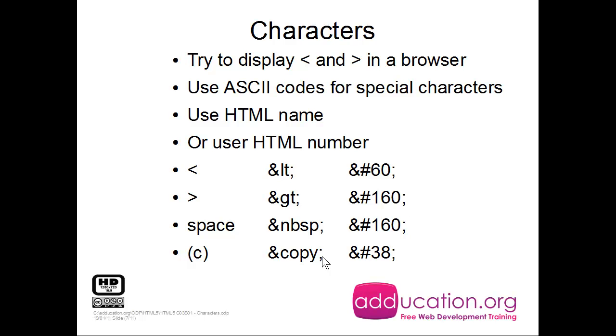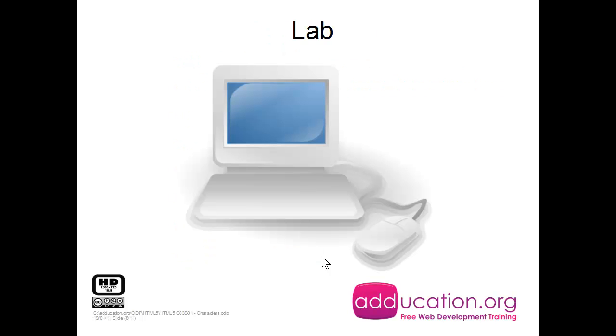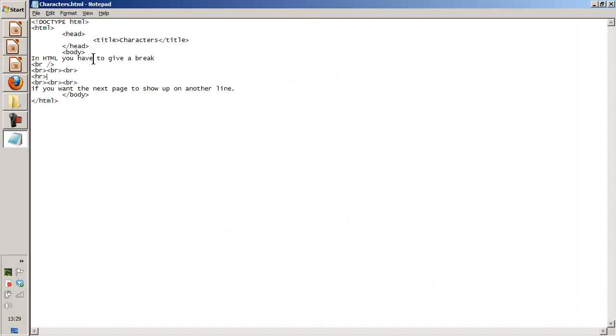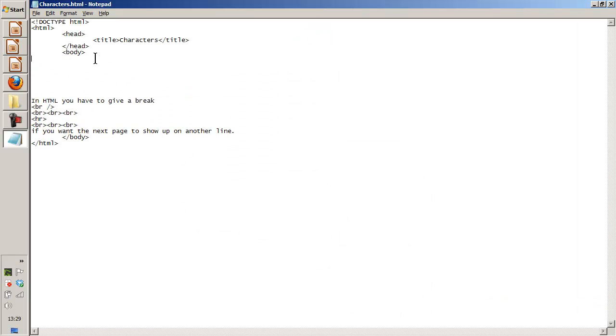Let's do that in a lab. Let's say in HTML you can break the line with BR. Well, just think, if I'm going to use this one, how will it look?